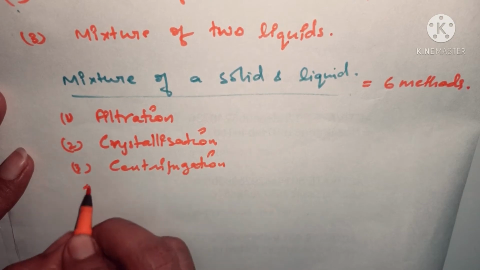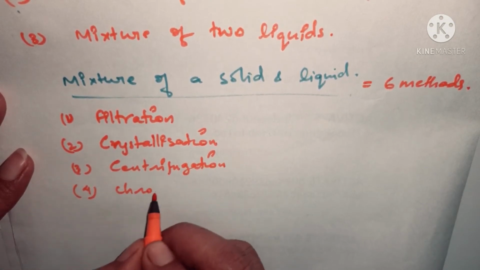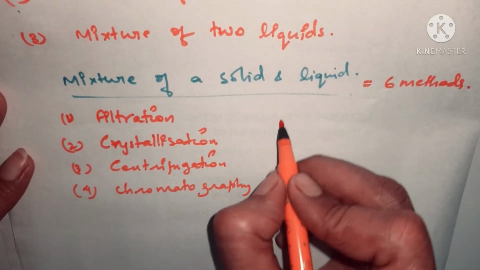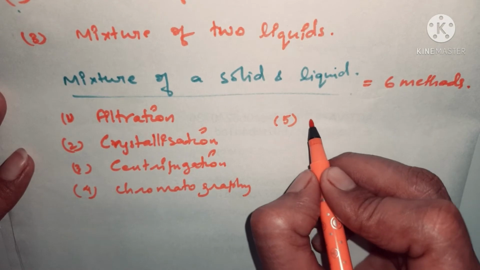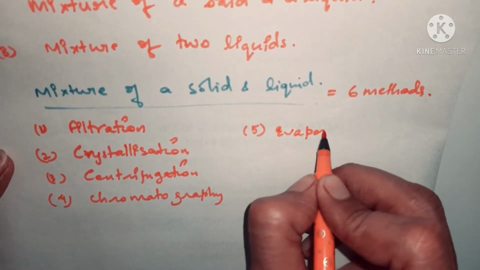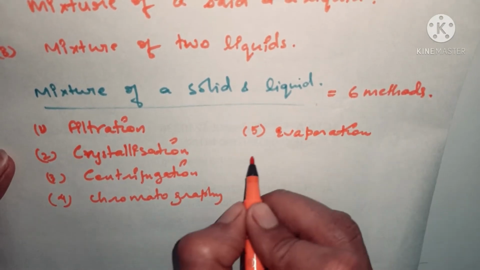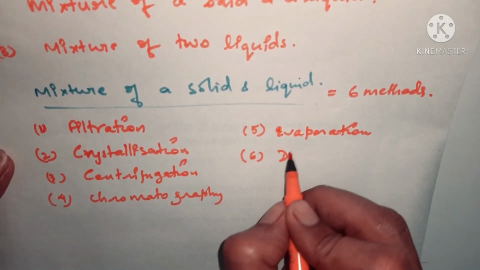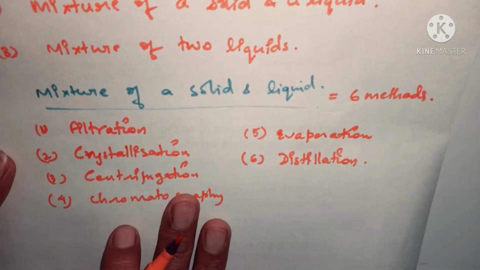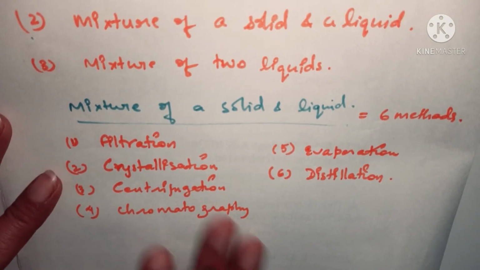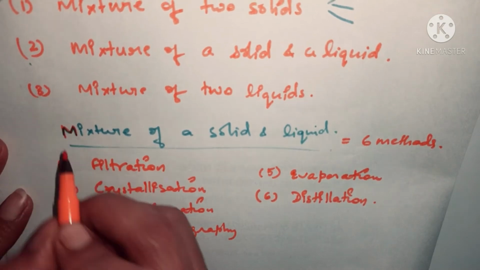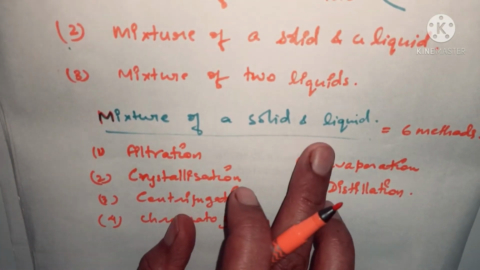The fourth one is chromatography. The fifth one is evaporation. And the very last, the sixth one, is distillation. These are the 6 methods present in this topic, in which you separate a mixture of a solid and a liquid.